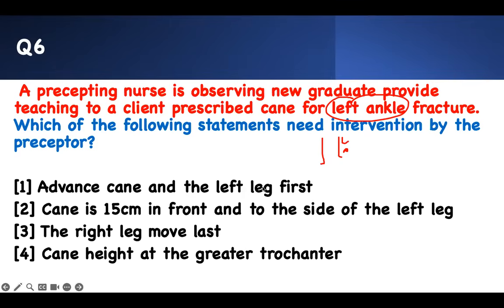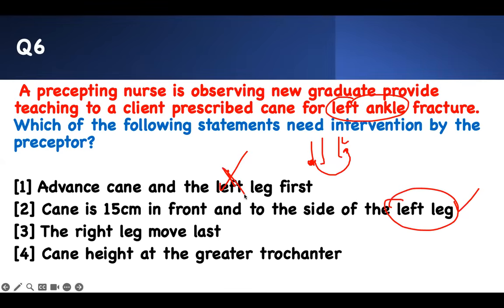Advance the cane and the left leg. So the cane is usually held on the right, the good side, and the bad side advances first. The cane should be in front and on the side of the right leg. That is the unaffected, not the affected. So this one needs further teaching.